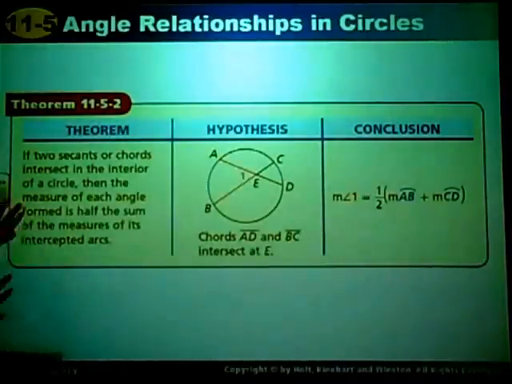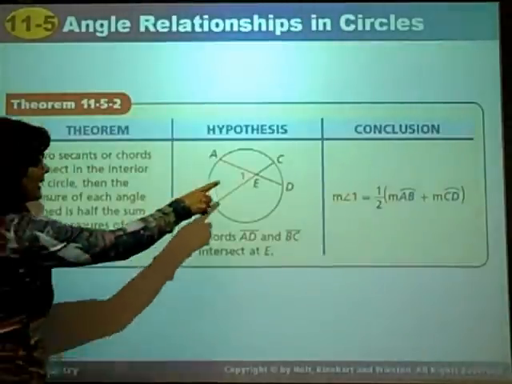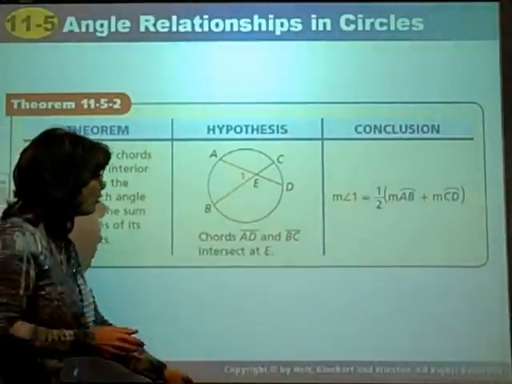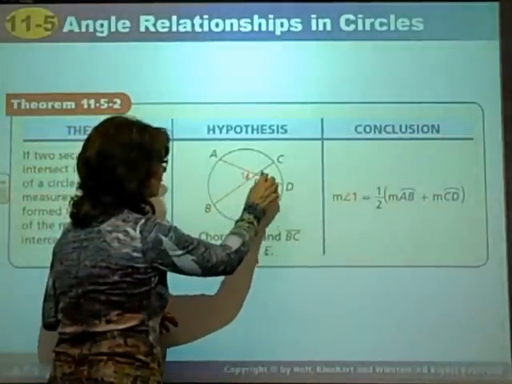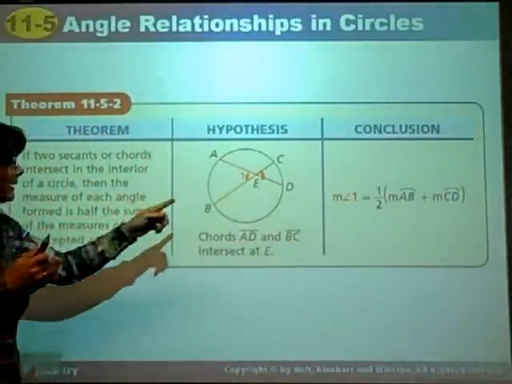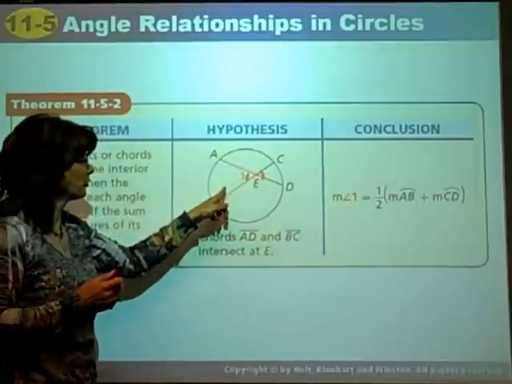Now, let's look at the next situation. Let's say we've got two secants, two chords, but what's happening is they intersect inside the circle. Now we know whatever this angle is, this is the same because vertical angles are congruent. It's not exactly in the center, so it's not going to be the same. These are different arc measures.